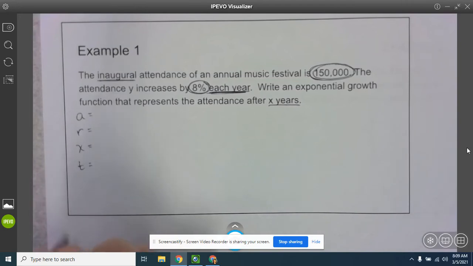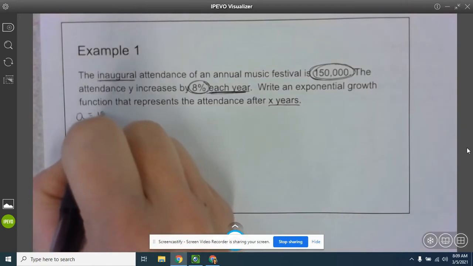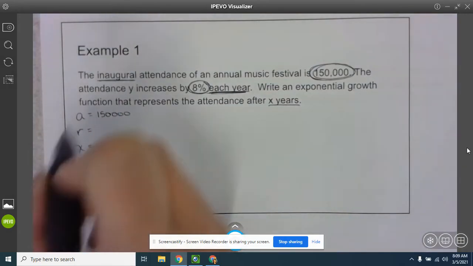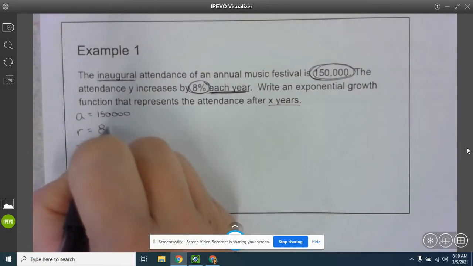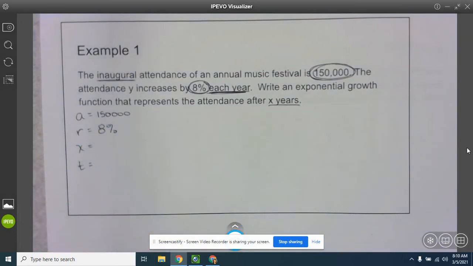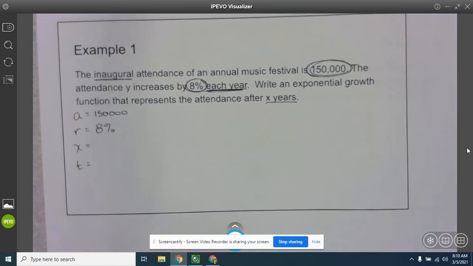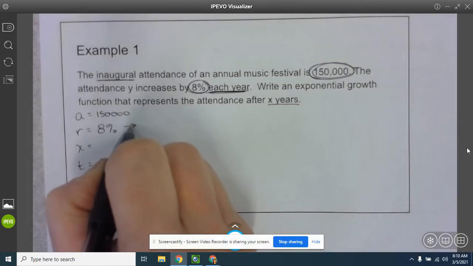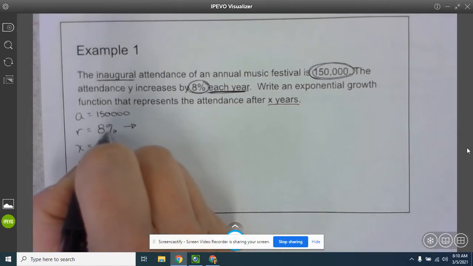A is my initial value. That's the 150,000 people. R, that's the 8% that we're going up each year. But it needs to be as a decimal. So I need to move the decimal place from where it is, which is right here currently.